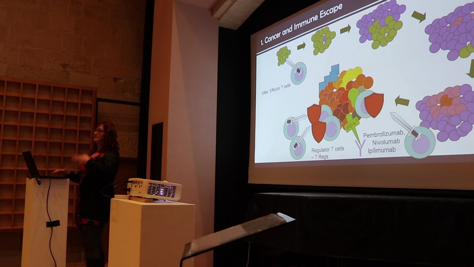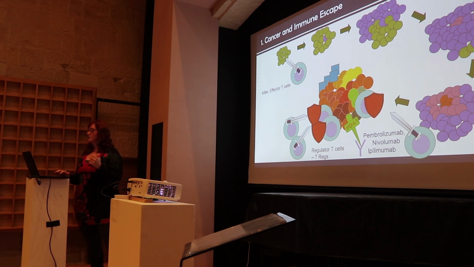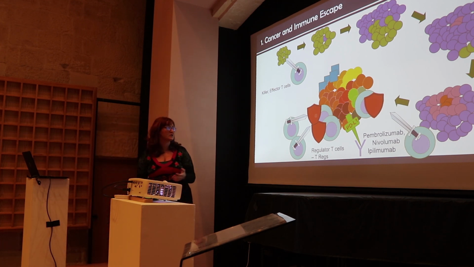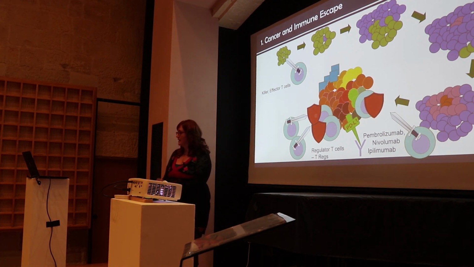And one method is the following that currently is being used. It's a very expensive therapy. So just to explain, to add insult to injury, your immune system, that usually would attack bacteria, a virus, any form of infection, is blind to your cancer.